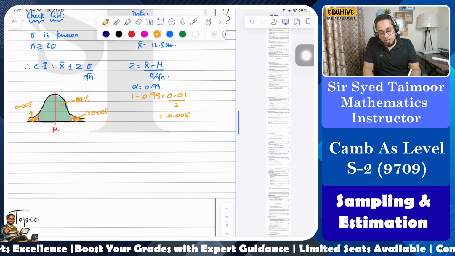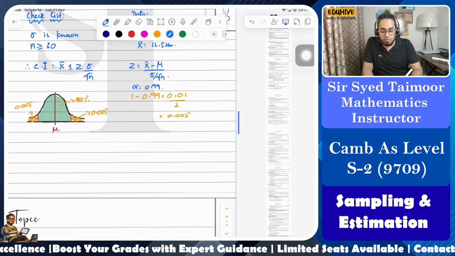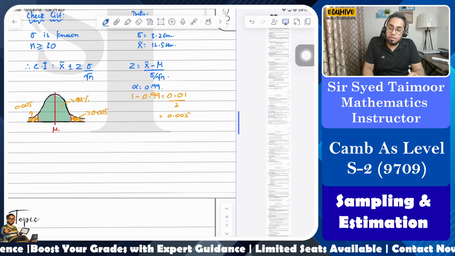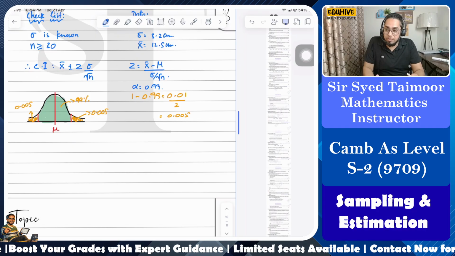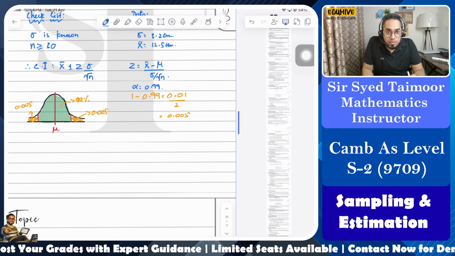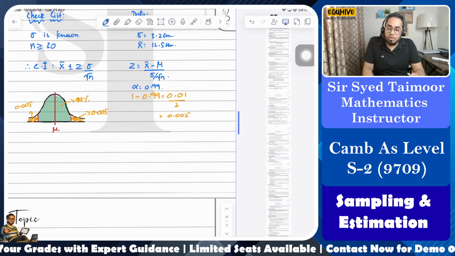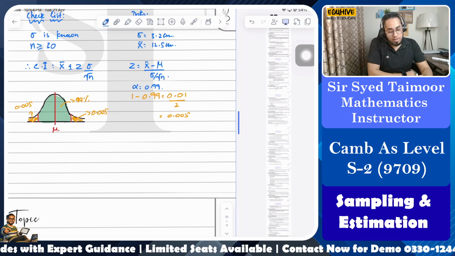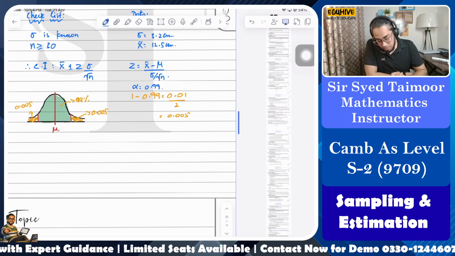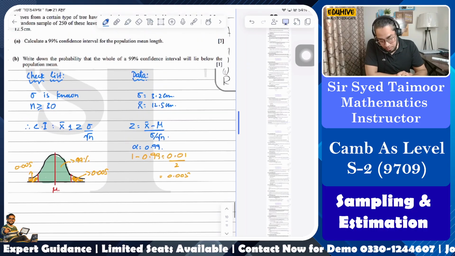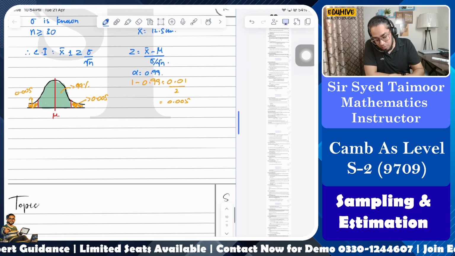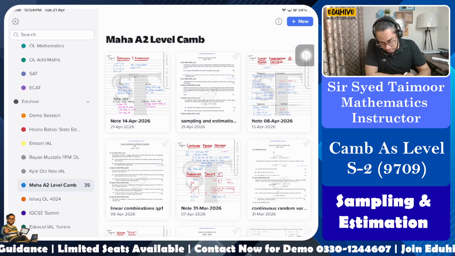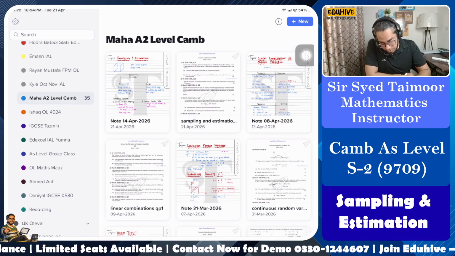Okay, and what is our sample mean? The sample mean is given, that is 12.5. And what should be the value of z? What we can see is 2.576. Do you know this thing, like where I put it?